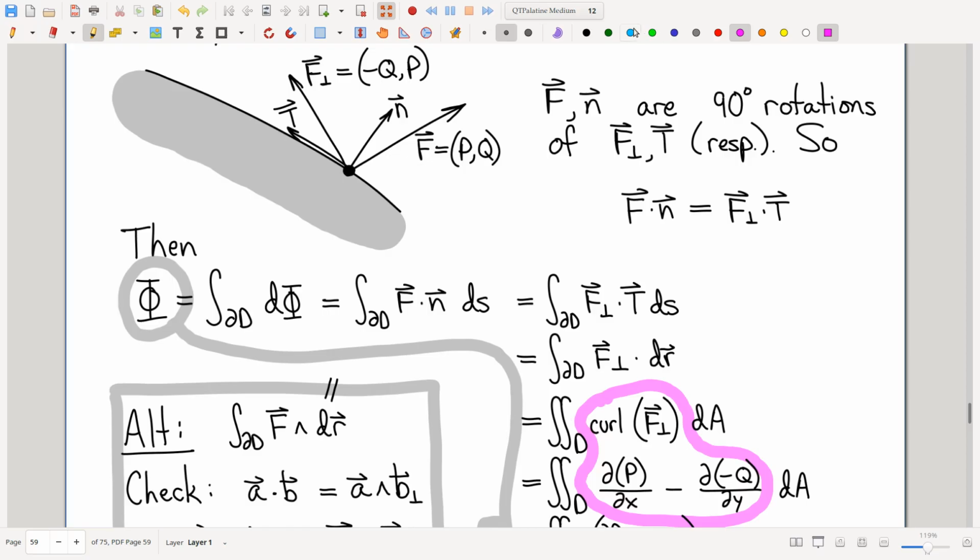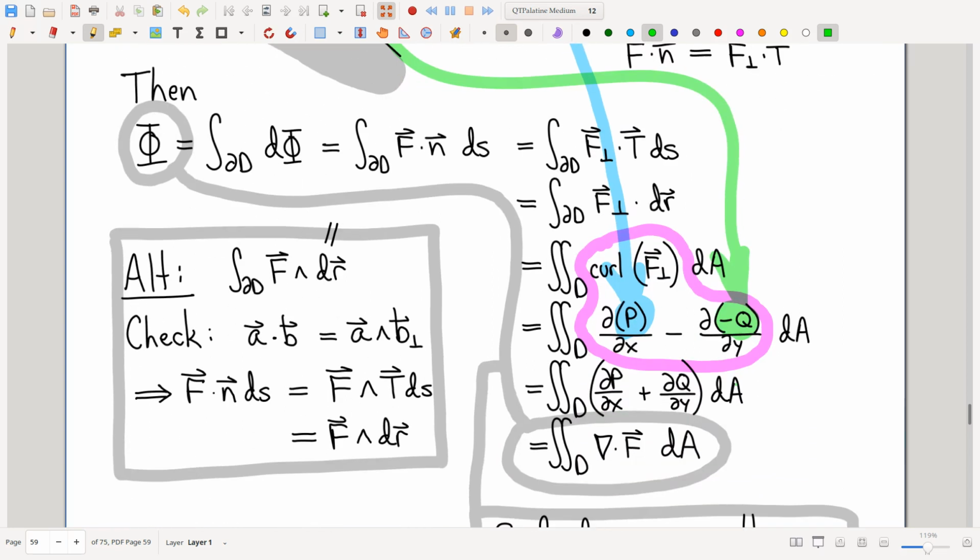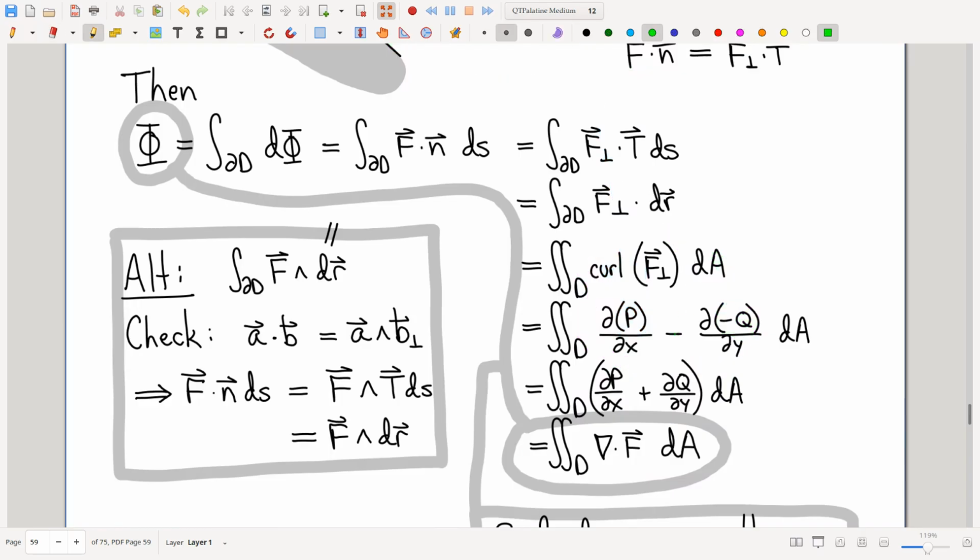Curl of F perp: I need the x partial of the second coordinate of F perp, which is P, not Q, minus the y partial of the first coordinate, which is minus Q. Everybody see what happened there? Easy to mess that up. Okay, now it's all over but the shouting. These two minus signs cancel, you end up with that, and then you notice, oh my gosh, totally familiar.